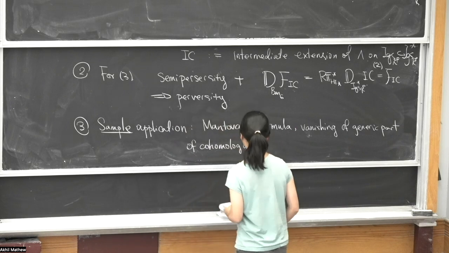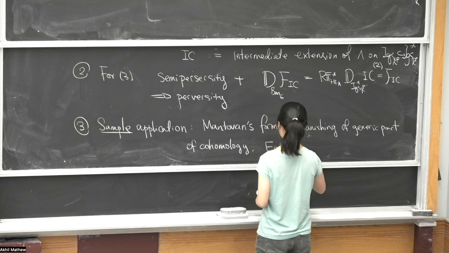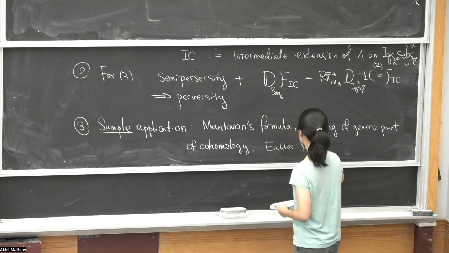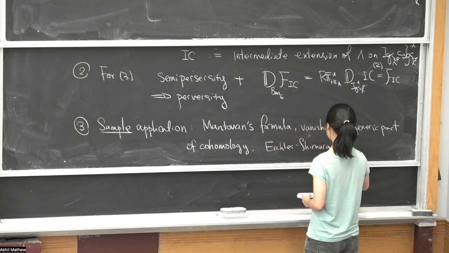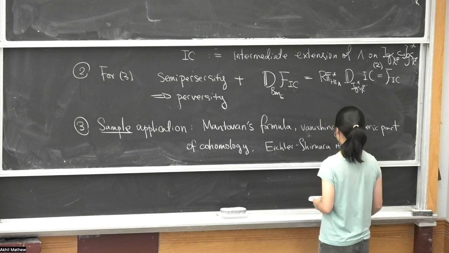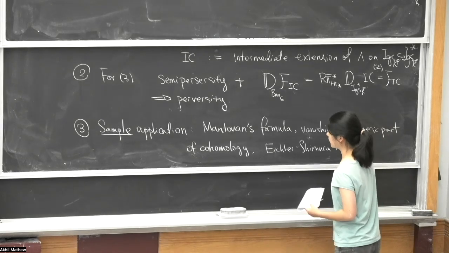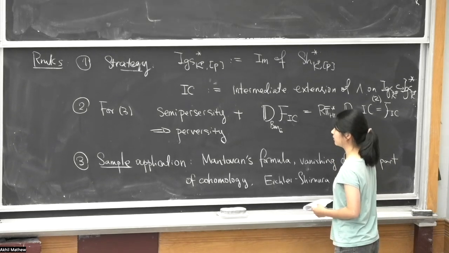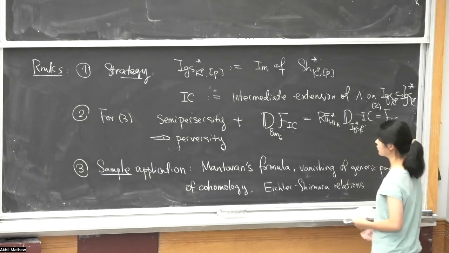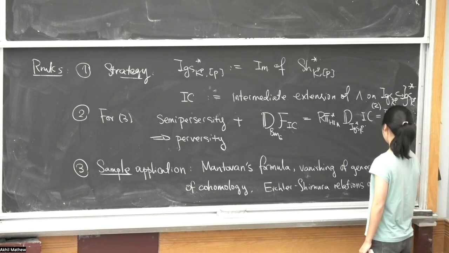As well as Eichler-Shimura relations, on the intersection cohomology of these Shimura varieties at Iwahoric levels.